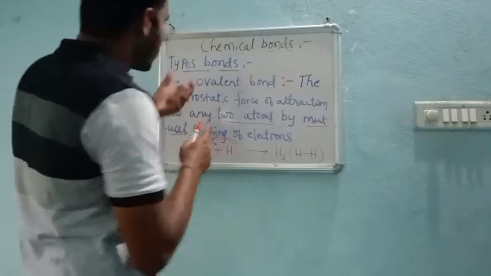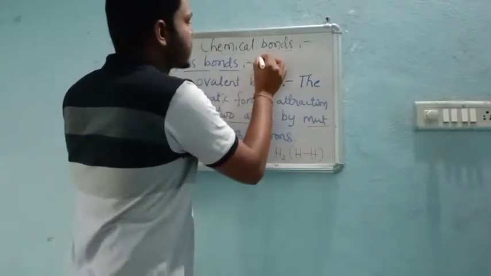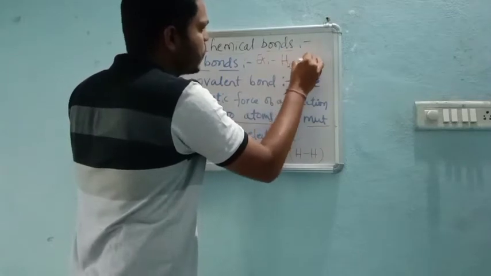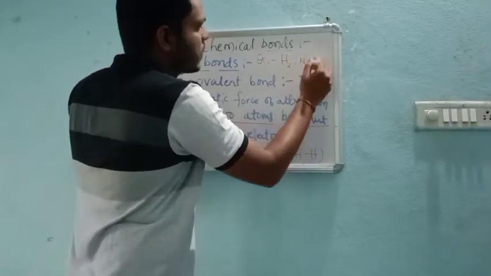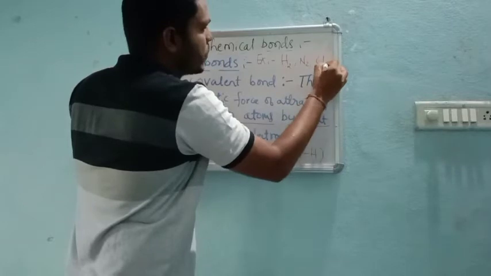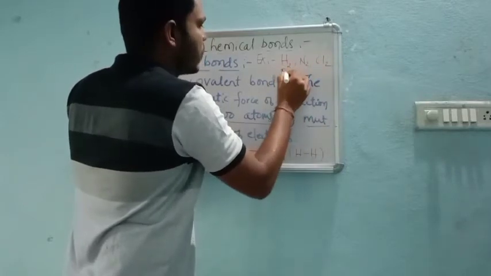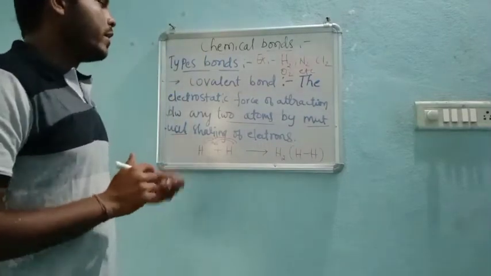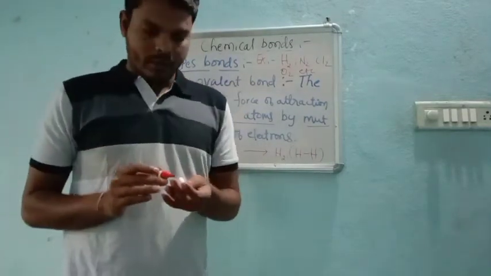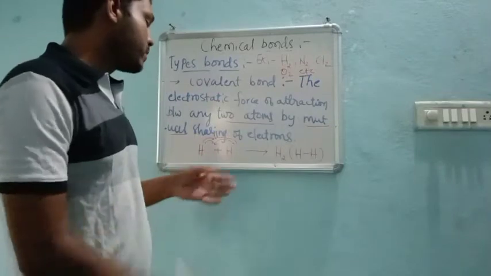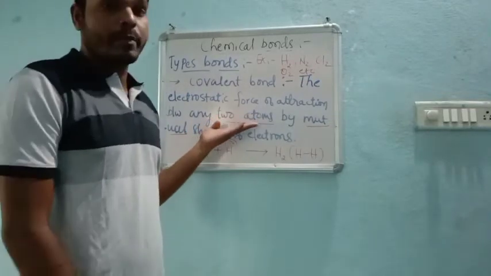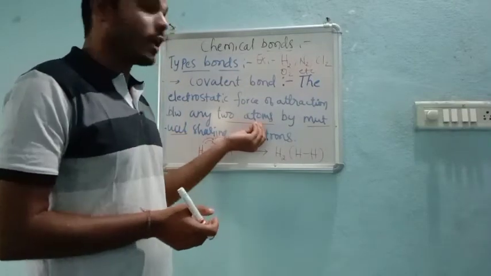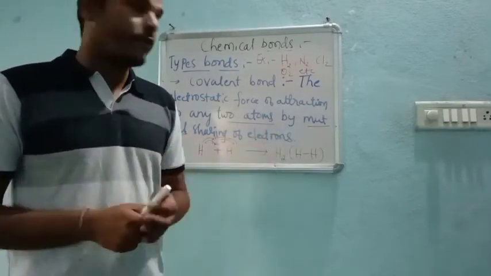So in a covalent bond we can see as examples H2, N2, Cl2 or O2, and so on. This covalent bond leads to the formation of molecules. That means it may be a bond formed between the same atoms, or it may be with different atoms.